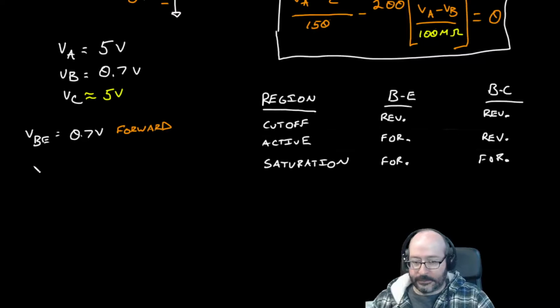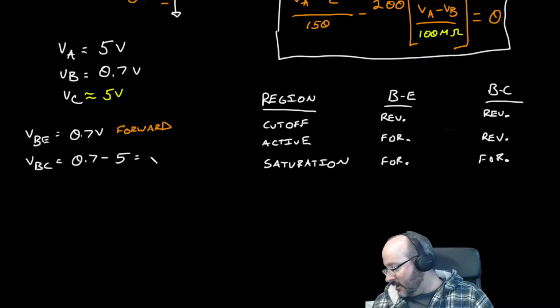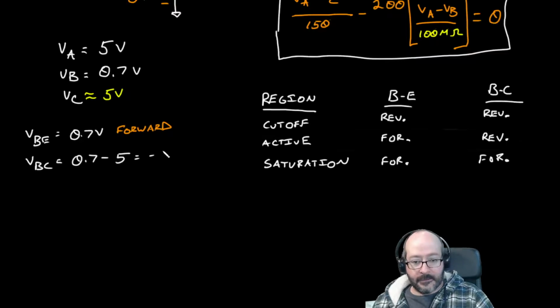So let's look at VBC, and we see, well, that's 0.7 minus 5. Right, so that's going to be negative 4.3 volts, which we would typically look at and say, hey, that's reverse biased.